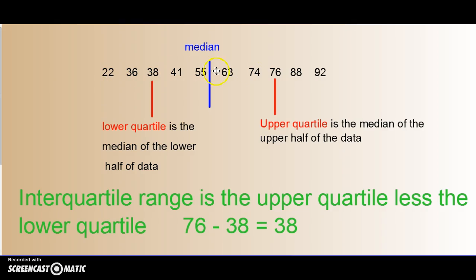So sometimes it's a good judge, where do my middle 50% fall? The middle 50% would be between the lower quartile and the upper quartile. And then the lower 1/4 is down here, and the upper 1/4 is up here. But in many sets of data, you're mostly interested in where's the majority, the 50% in the middle.